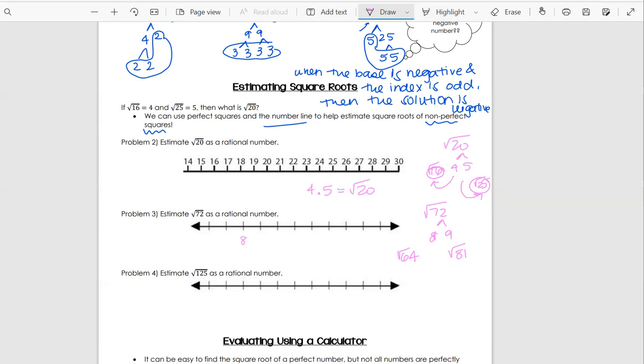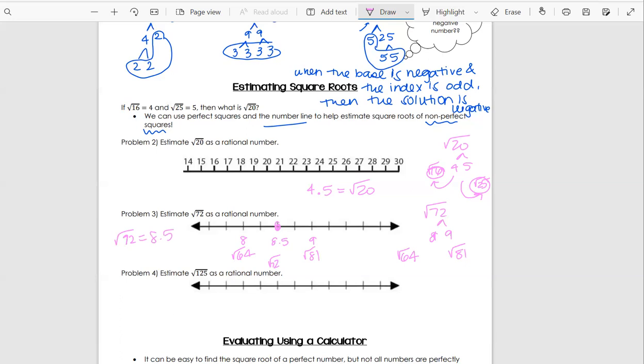We can say if this is 8 and this is 9, and this would be the square root of 64, and this would be the square root of 81, the square root of 72 is going to be in the middle. So we can say the square root of 72 is about 8.5.